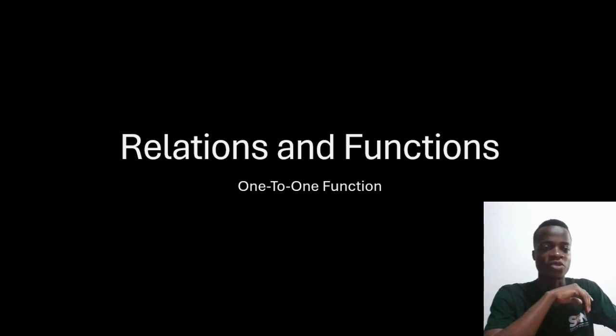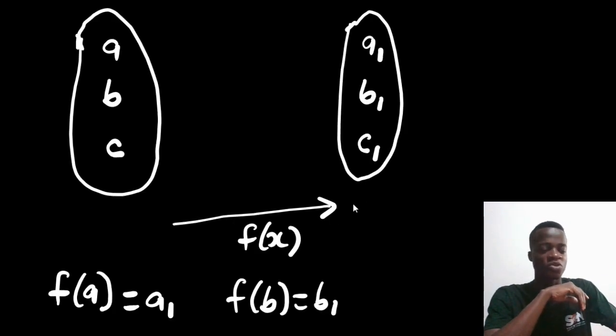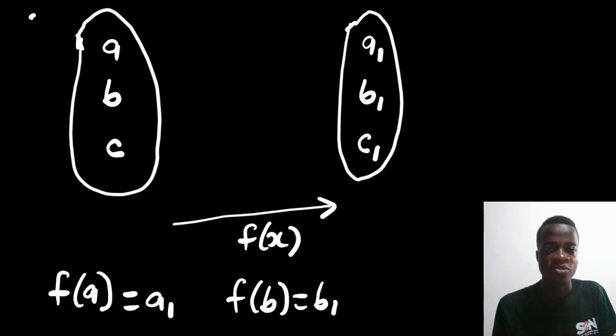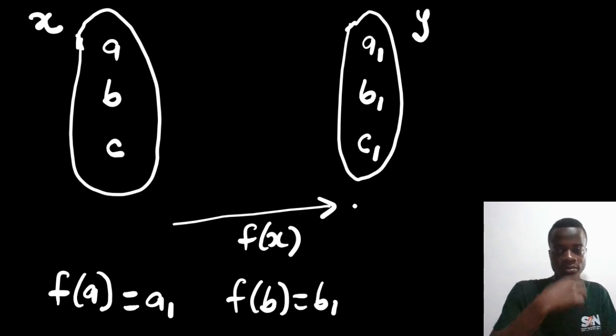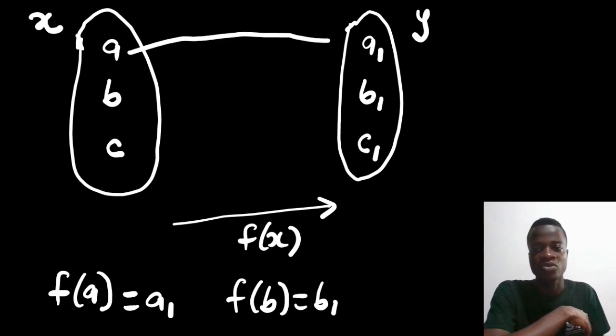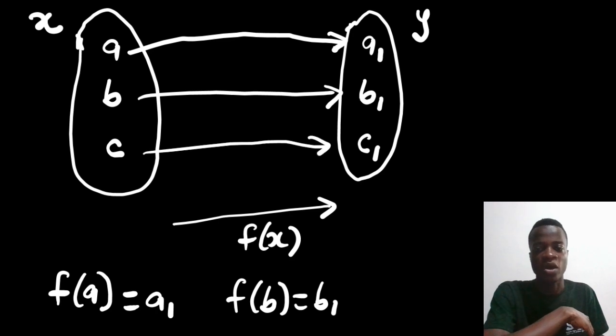Let me illustrate that with this diagram. These are the set of inputs, let's call them X, and these are the outputs, let's call them Y. We are mapping f of x in this direction. A will give birth to A1, B will give birth to B1, C will give birth to C1.